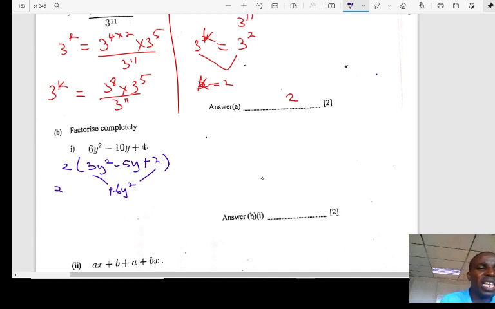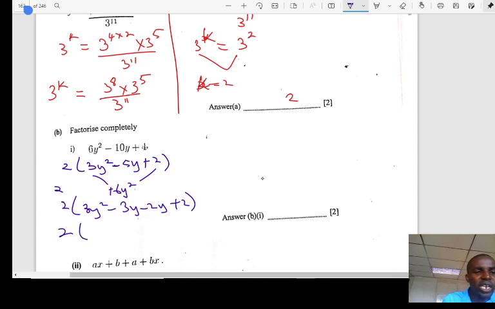Then the sum, which is minus 5y, is negative, which means both numbers are negative. So which are the numbers? It's minus 2, minus 3. Yes. So you maintain your 2 here. So you factorize here. Minus 3y minus 2y plus 2. I'm sure you know how to factorize. You just replace minus 5y with the factors, which is minus 3y minus 2y.